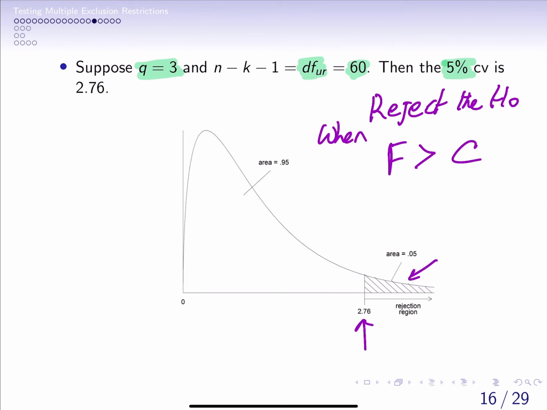In other words, if the F statistic is greater than 2.76, we can reject the null that the performance metrics are jointly equal to 0, which would mean that we need to keep those in our regression, right? Because jointly they add some value, because we are rejecting the null in favor of the alternative.